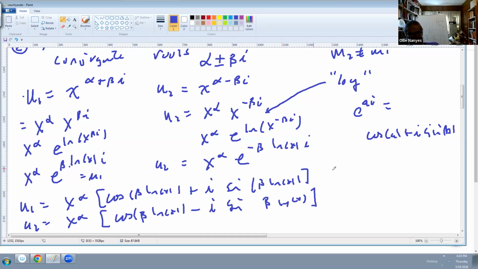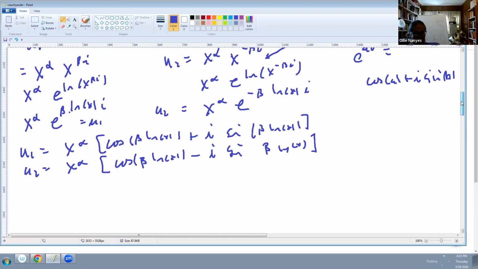Now, here's where we do a little linear algebra. What we do is if we add u1 and u2 and divide by 2, what will happen is that the i signs cancel, and we get x to the alpha cosine of beta log x.